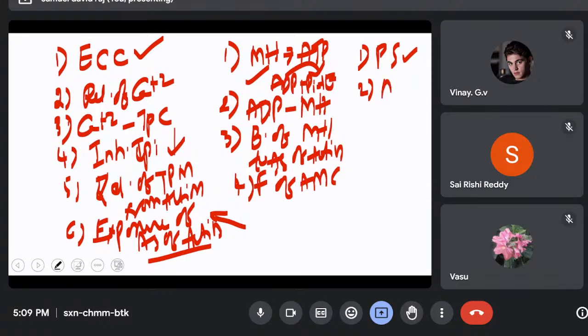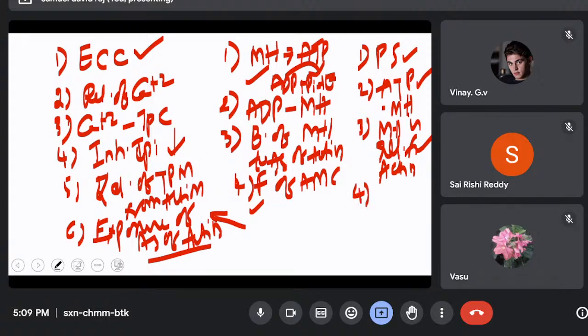Now ATP is resynthesized, and the myosin head now has ATP. Once the myosin head has ATP, it is released from actin. Previously the actomyosin complex was formed; now it is released after the power stroke.